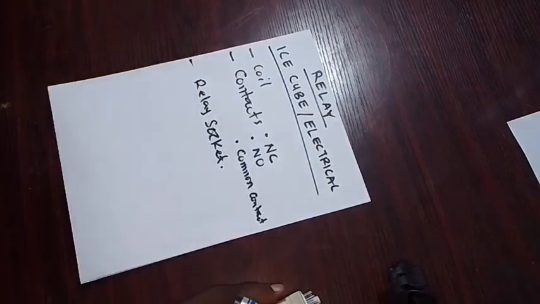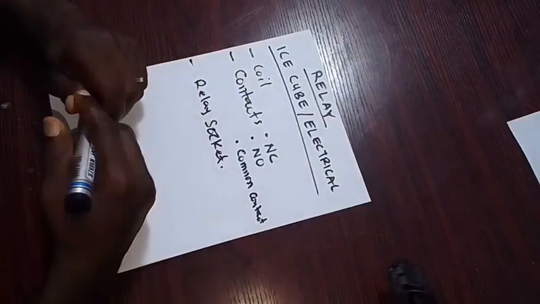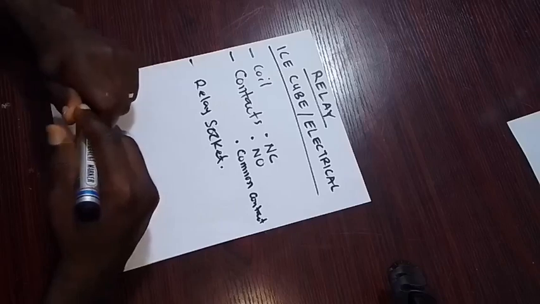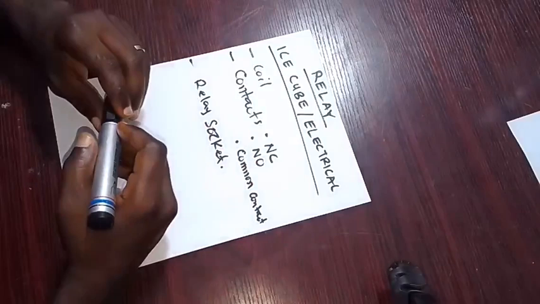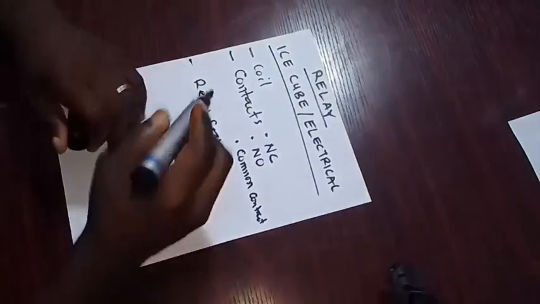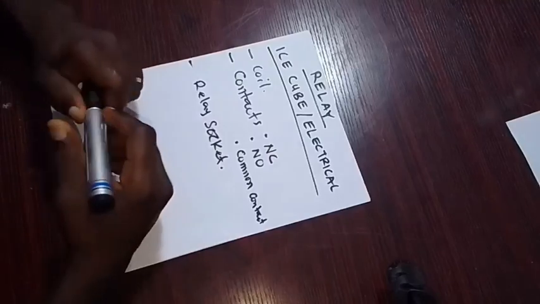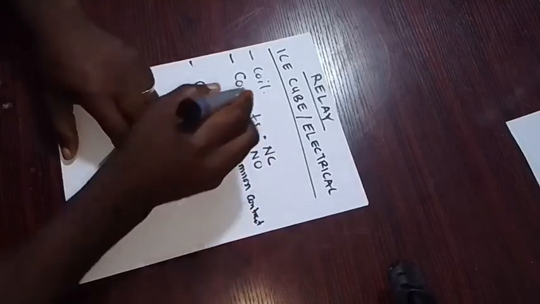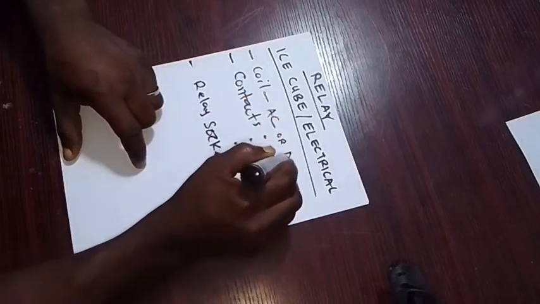Now, if you can visit our previous video on contactors, like I said, the relay is similar to the contactor. Now the coil of the relay is normally energized by either an AC or a DC source.